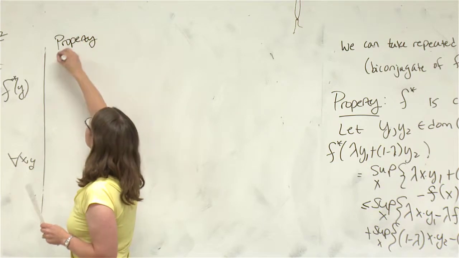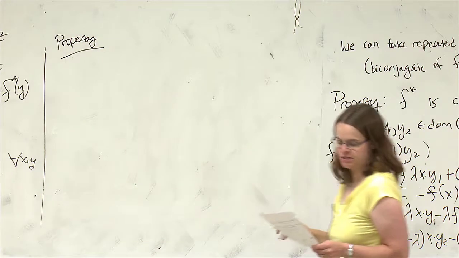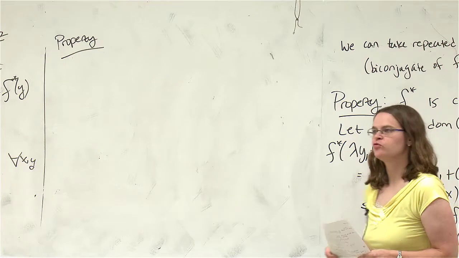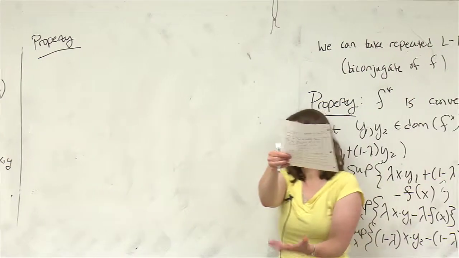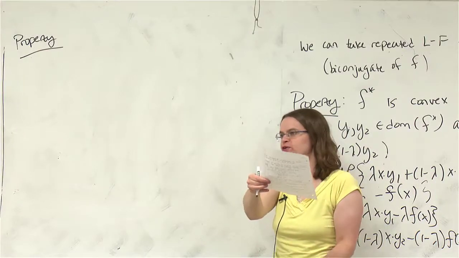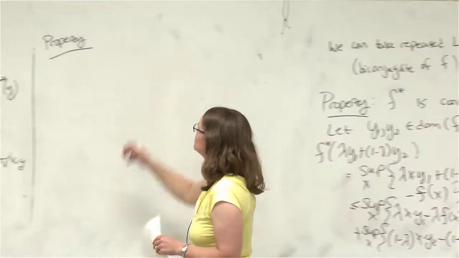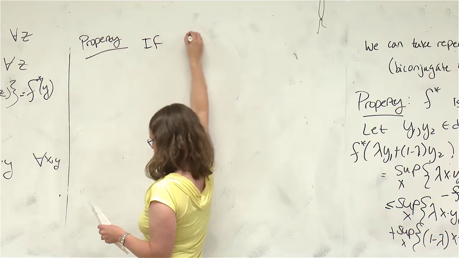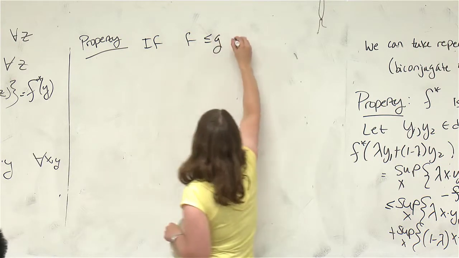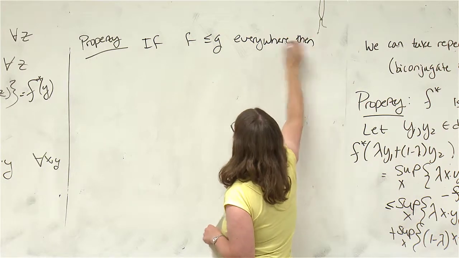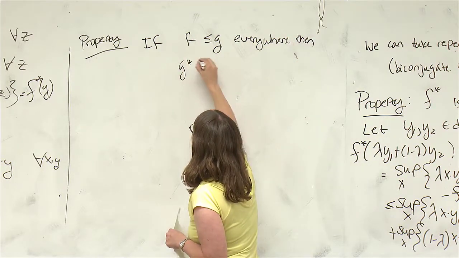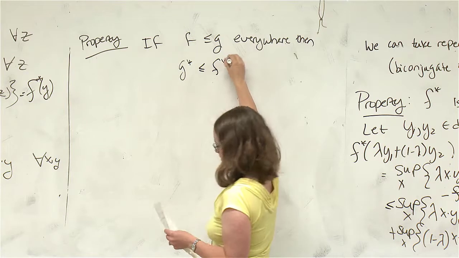Okay, another useful property that we're going to need happens with functions that are ordered. Somehow taking Legendre transforms reverses ordering properties. So if f is less than or equal to g everywhere in the domain, then g star is less than or equal to f star.